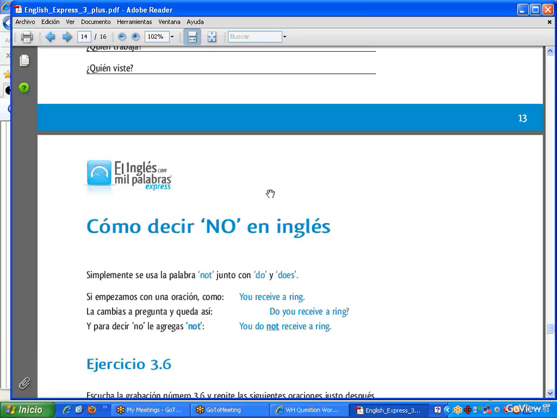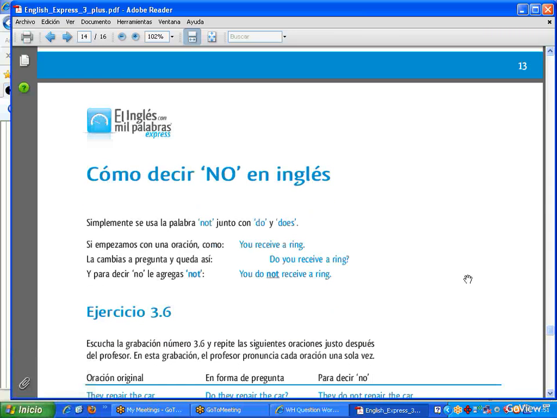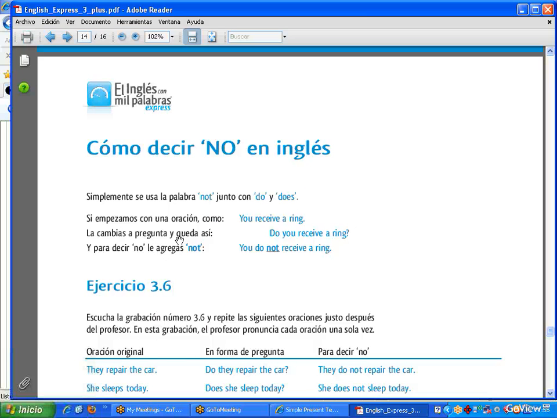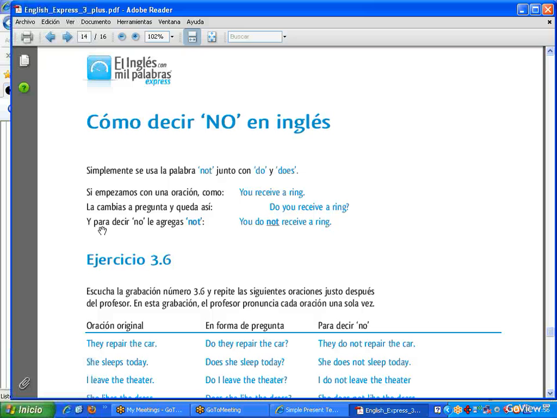If we start with a sentence like you receive a ring, we change it to make a question like this: Do you receive a ring? And to say no, you add not. Not, entre do y el verbo. Okay? Between the auxiliary verb and the main verb. You do not receive a ring.